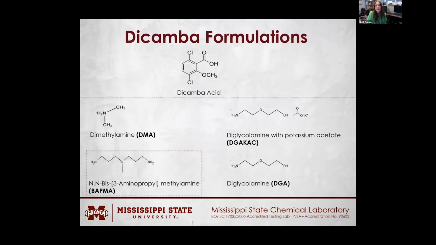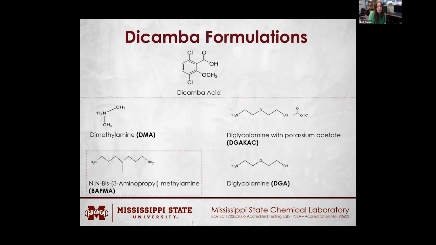So just to highlight, these are some of the formulations. If you look at dicamba and you look at the structure of dicamba in the acid form, you can see that there are these small molecules that I was talking about that are indicative of the individual formulation. So the diethylamine, the dicholamine with potassium acetate, or just the DGA, the dicholamine.